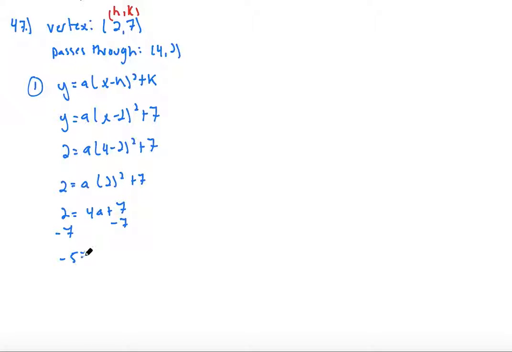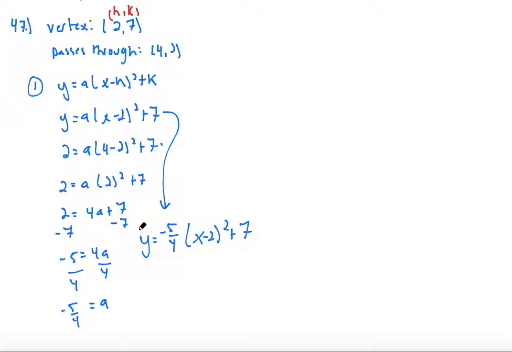So -5 equals 4a, and divide both sides by 4. So a equals -5/4. And we're almost done. We just need to rewrite our equation with our a. So y equals -5/4 times the quantity x minus 2 squared plus 7. And that is your equation of the quadratic.